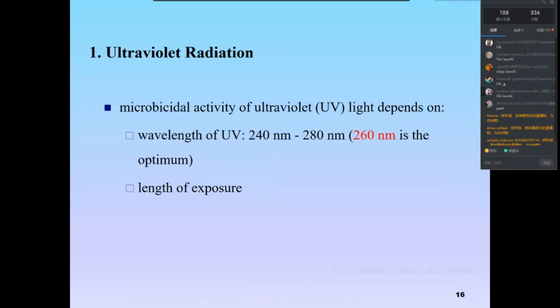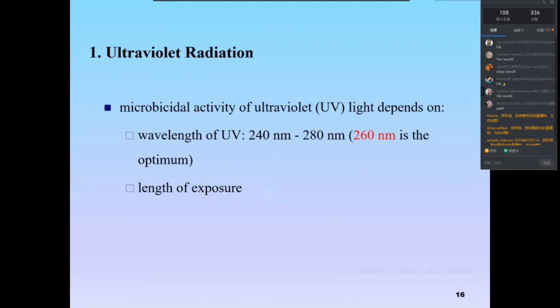UV radiation, we know that there is UV light in the sunlight, and there is even UV light in the man-made light we use every day. And you know that our eyes can see wavelengths above 400 nanometers, and lights lower than 400 nanometers we call UV light.